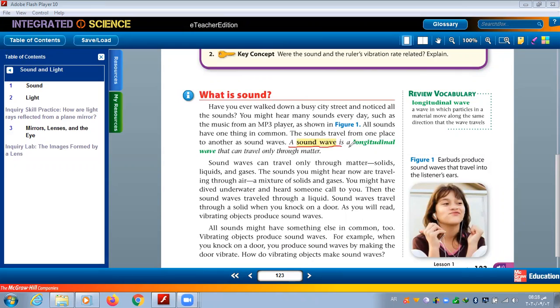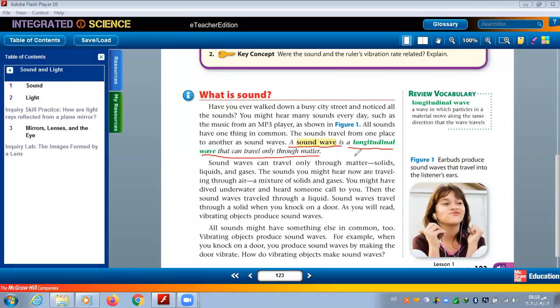A sound wave is a longitudinal wave that can travel only through matter. We can also say it is a mechanical wave. Mechanical means it needs a medium to propagate through. For example, sound can propagate through air or gases in general, through liquids, through solids.